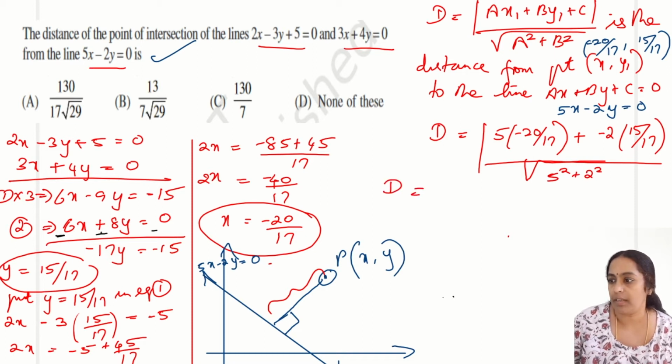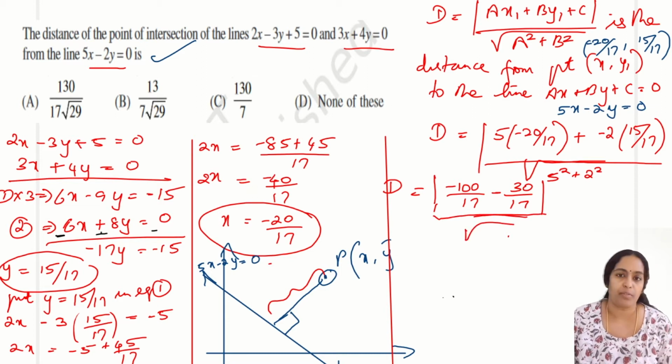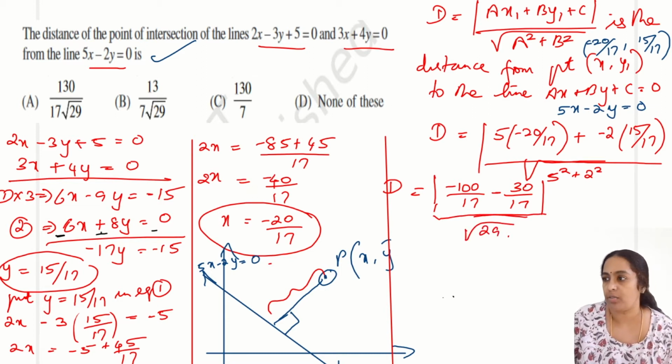The distance will be mod of minus 100 by 17, and here minus 30 by 17, divided by square root of 25 plus 4, which is square root of 29.